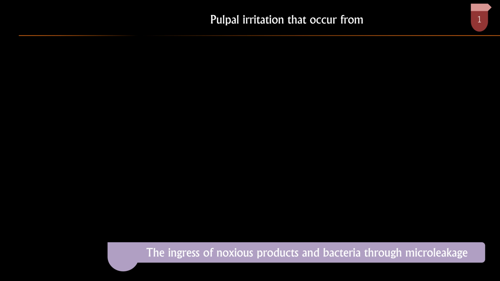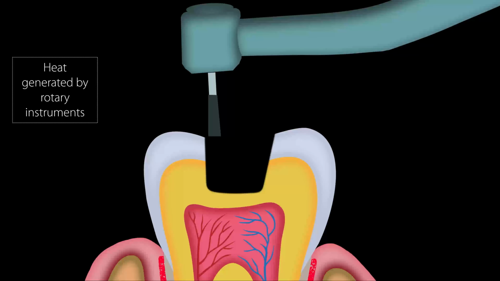So these are the many irritations which can affect the dental pulp. So we have to protect it, and let's see one by one about all these insults which can happen to the dental pulp.